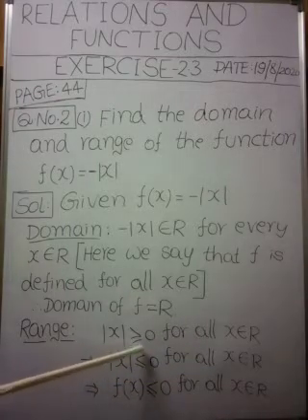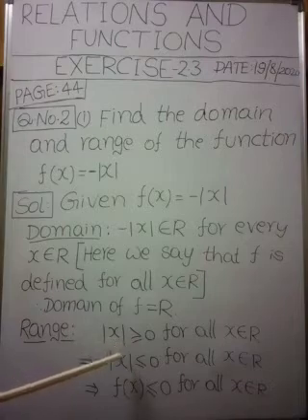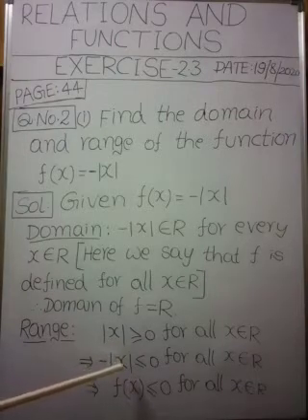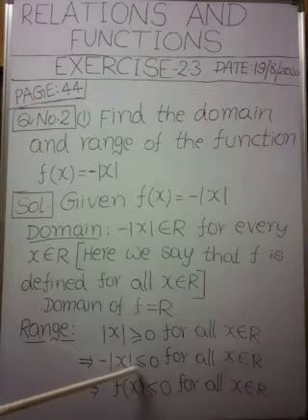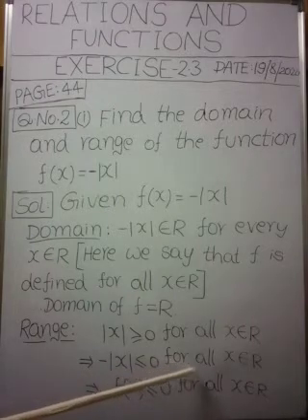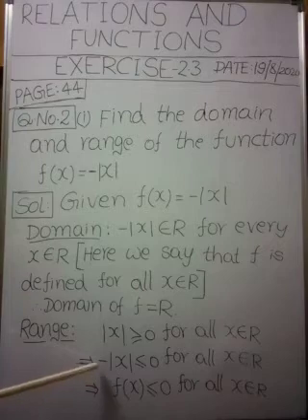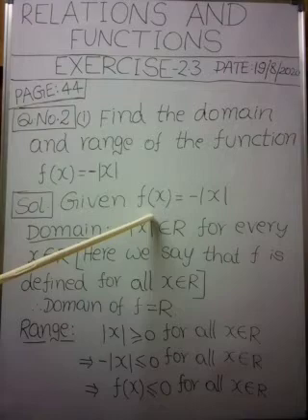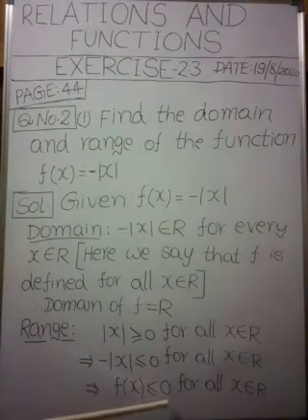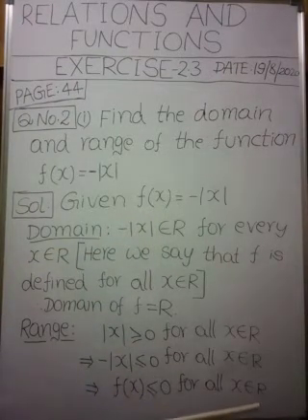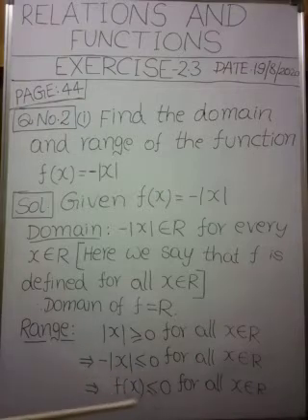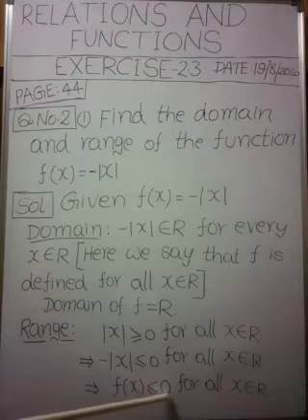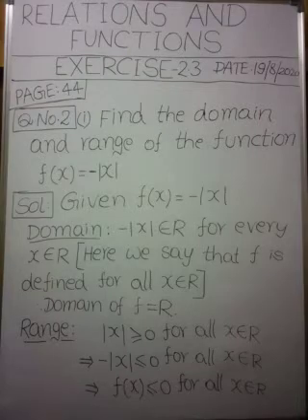This implies, if you multiply this inequation by minus 1, we get minus mod x is less than or equal to 0 for all x belongs to R. What is meant by minus mod x here? Minus mod x means f of x. So f of x is less than or equal to 0 for all x belongs to R. It means the function values are less than or equal to 0 for all x belongs to R. Understood this line, my dear children?